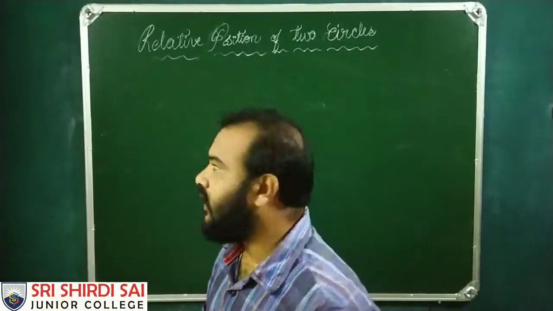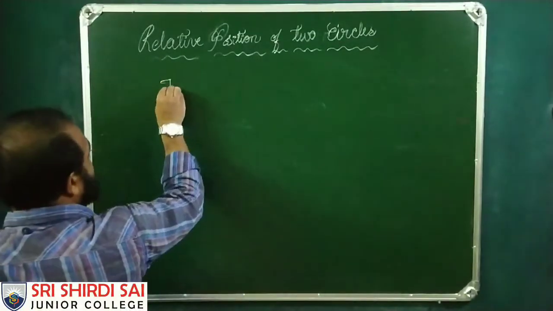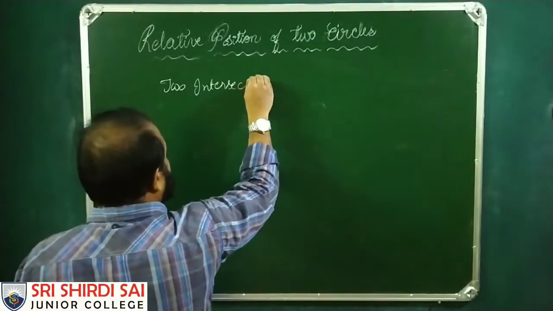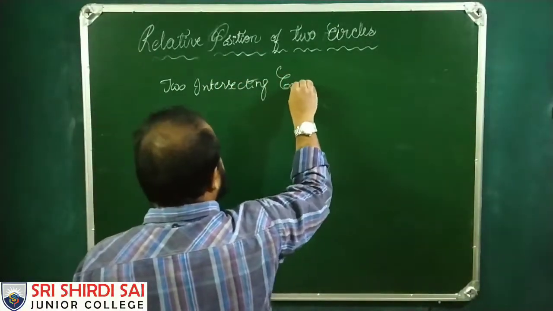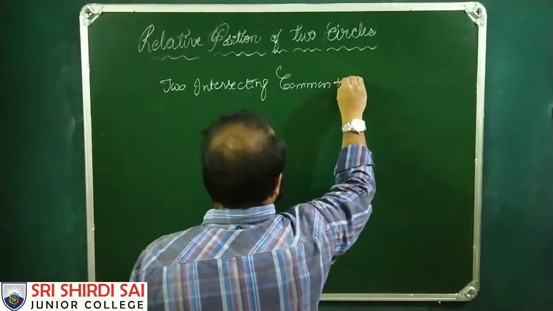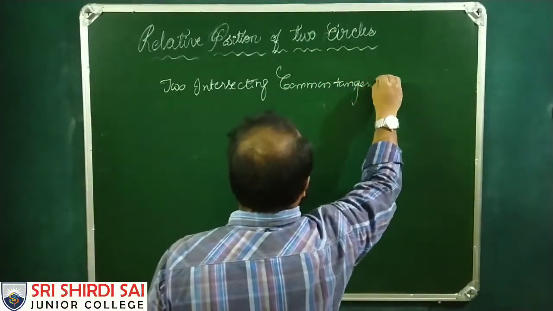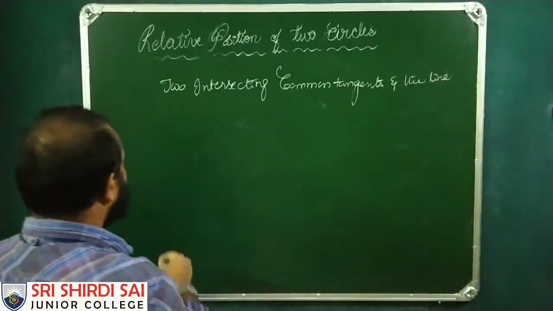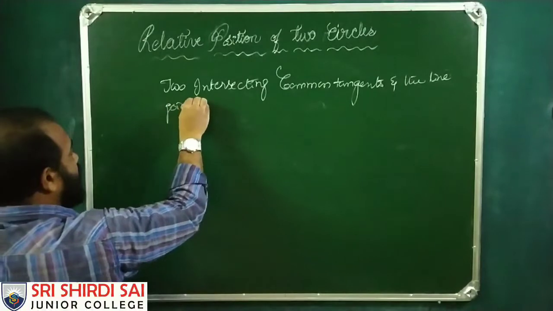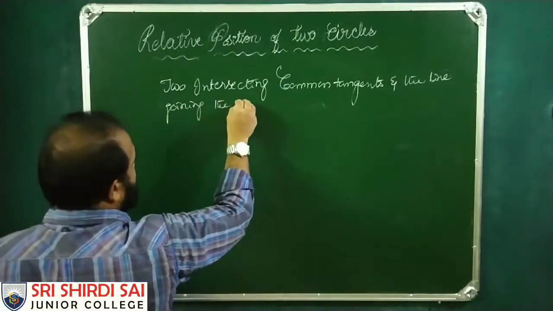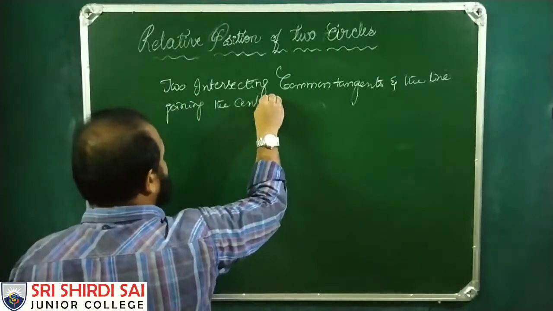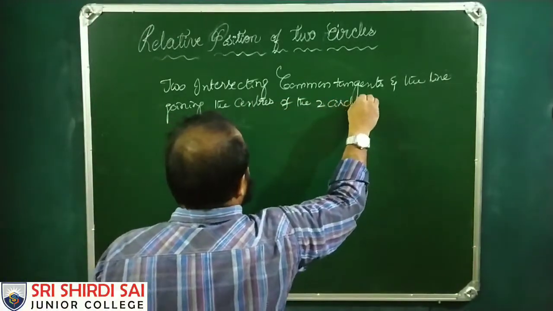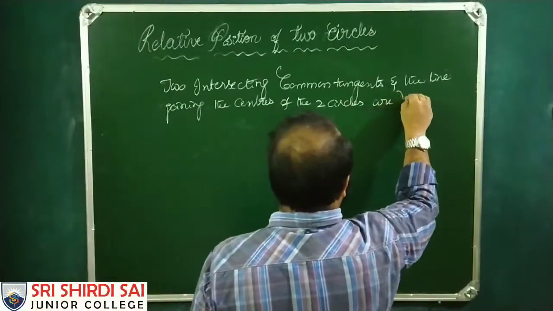Also, two intersecting common tangents and the line joining the centers of the two circles are concurrent.